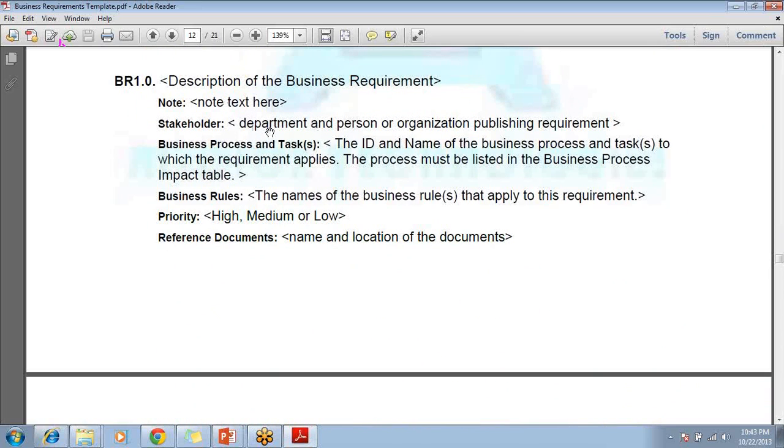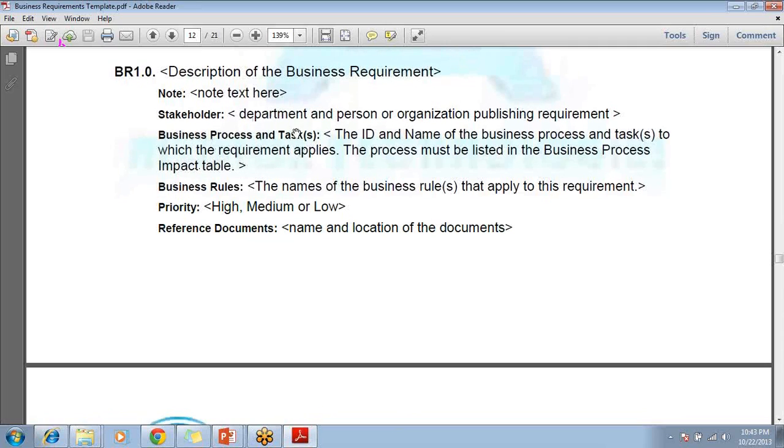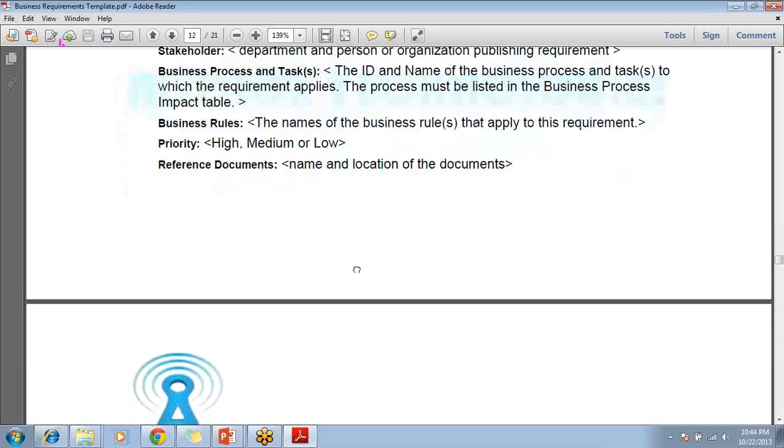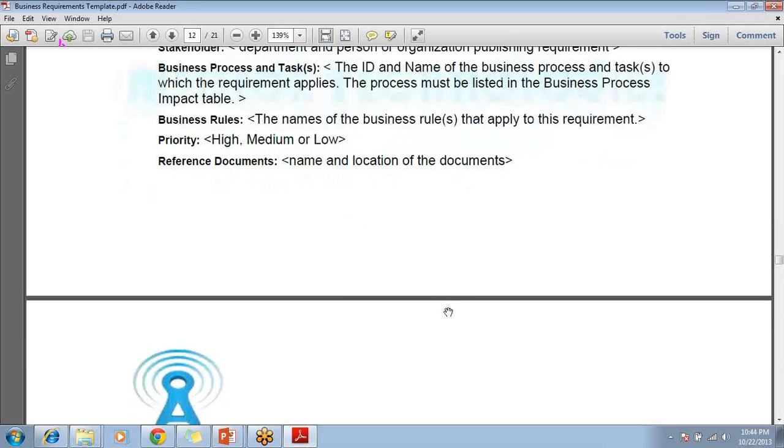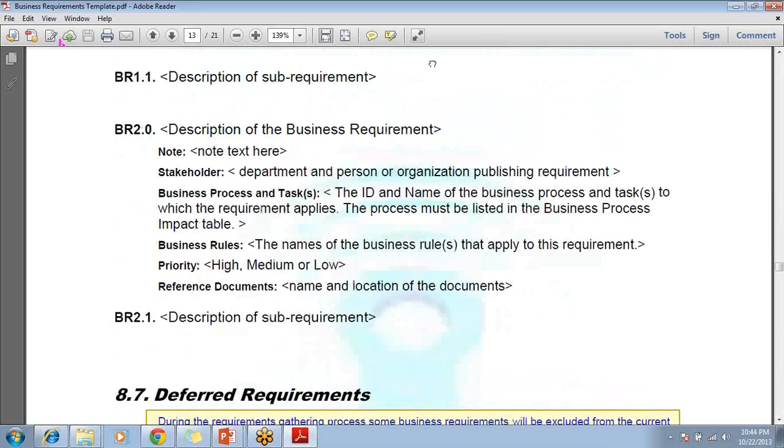Then who is the stakeholder, which department is impacted by this requirement. This one you ignore. Business process and task, you don't have to do that. Business rules: if there are multiple rules to achieve any particular item, what is the priority, high, medium, low. The requirement has a reference document; if there is any, then write it.